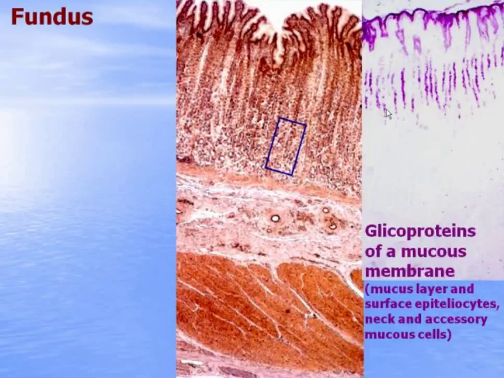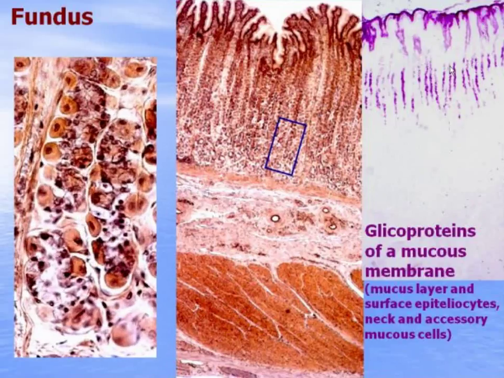You can see the mucous layer and surface epitheliocytes and neck accessory mucous cells, and no staining in the body and fundus of proper glands. So this mucus protects the stomach wall from self-digestion.